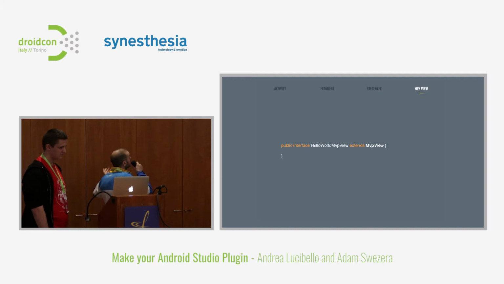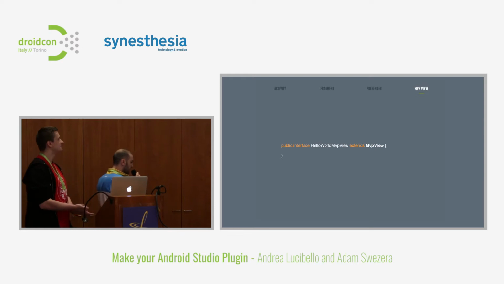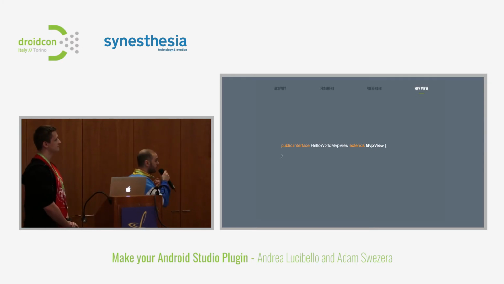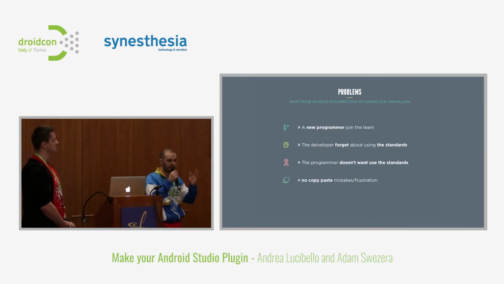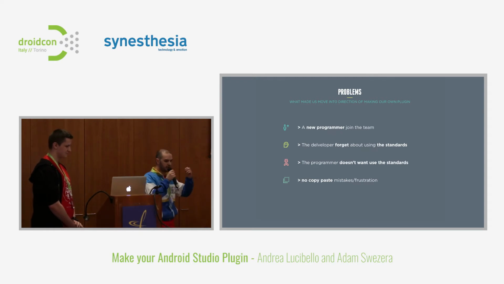For example, the first problem is when a new developer comes into the team, he doesn't know anything about the standard, and so it's a little bit difficult to teach everything and make sure that he doesn't forget something in time. So we need something that helps the younger developer to build and create apps that don't crash.